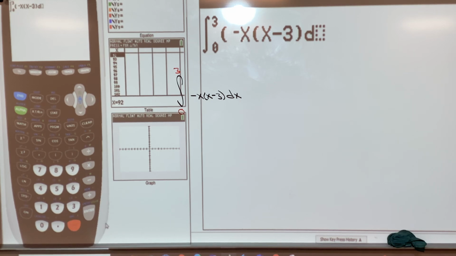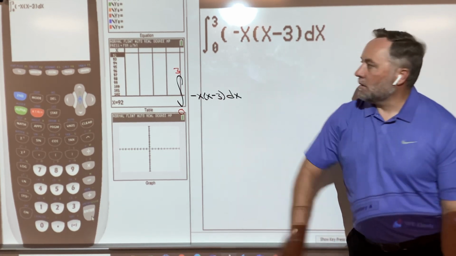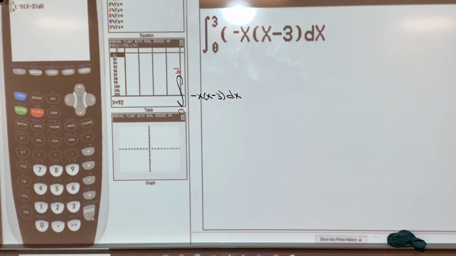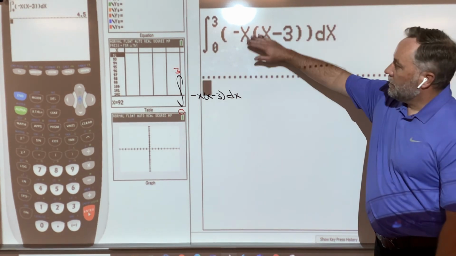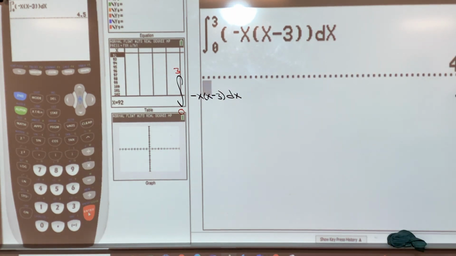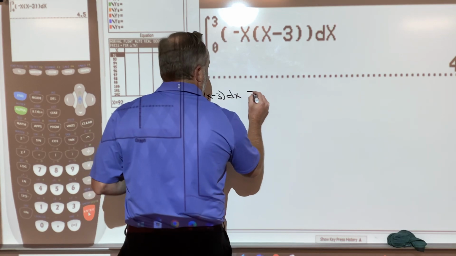Then I do need to say that it's dx. So get over to there, and dx. I have what's right there, so now I can just hit enter, and it's going to calculate the area underneath that curve from 0 to 3 for us to be 4.5. So this is equal to 4.5.